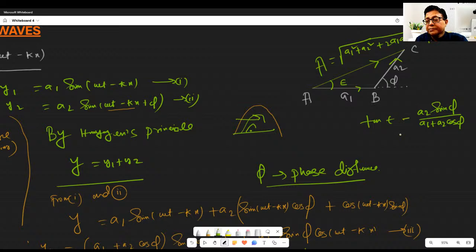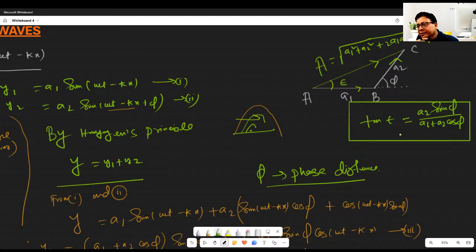Alright? So, if you can find the third side, length and direction, then it is over.